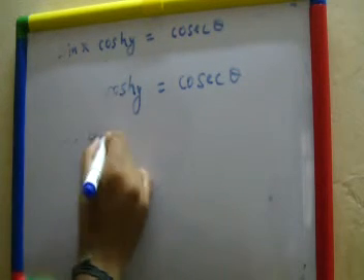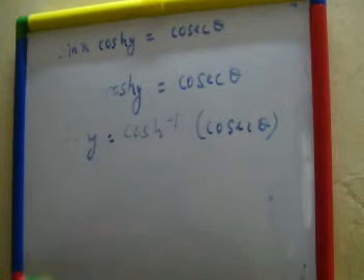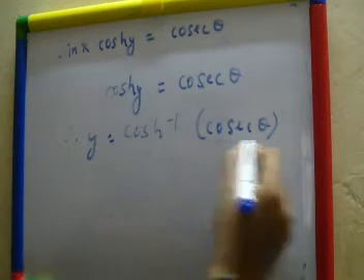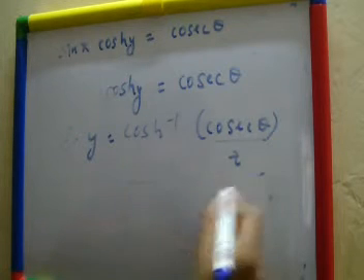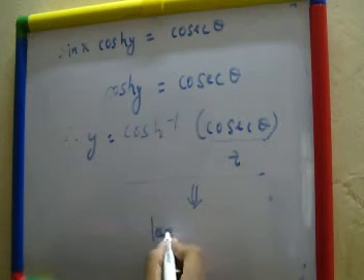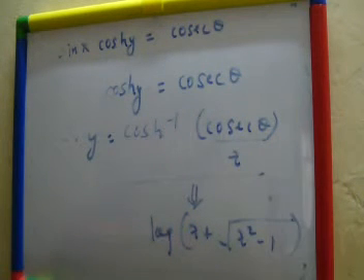Therefore y is equal to hyperbolic cos inverse cosec theta. Let me consider this as z. So what is the formula for this? Log of z plus root of z square minus 1, which we have already studied.